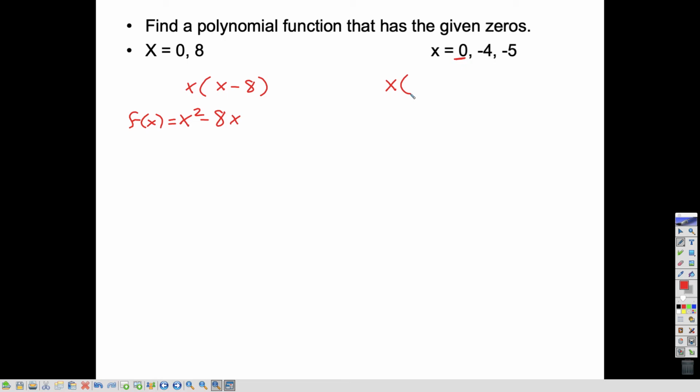What factor did x equals negative 4 come from? X plus 4? Just doing the opposite to get it back into a factor, right? X plus 5. Now, from my expert opinion, I would FOIL that first, then distribute an X. The worst part of this problem is going to be multiplying it out.